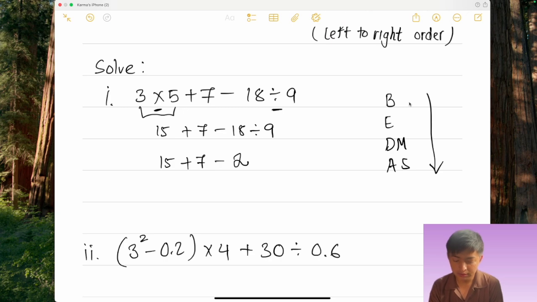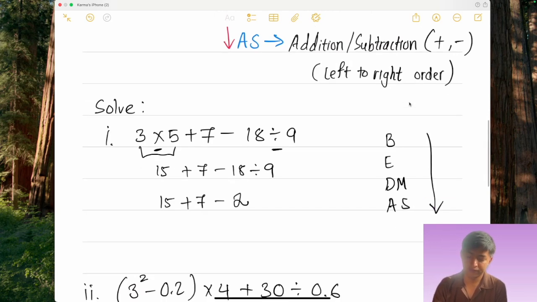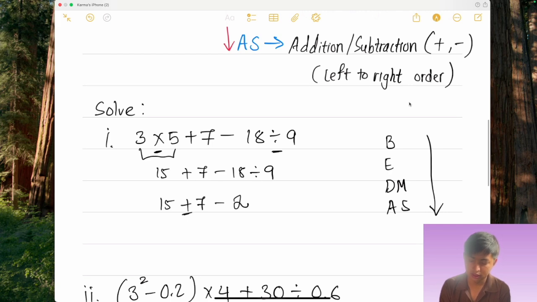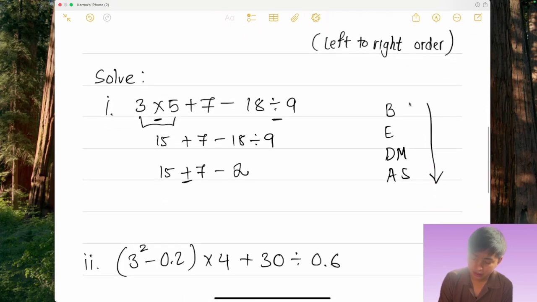Now we are only left with addition and subtraction, and the rule says that you go from left to right. The leftmost operation here is addition, so we do addition first, and 15 plus 7 is, if you don't know the answer, just do it on the side. 5 plus 7 is 12, carry one, then it will be 22.